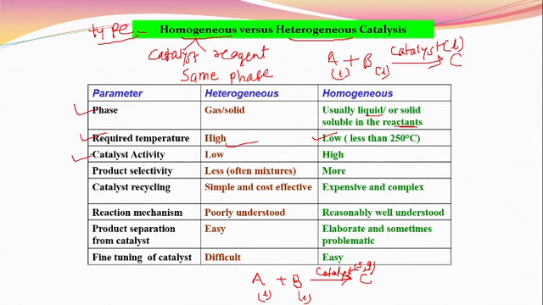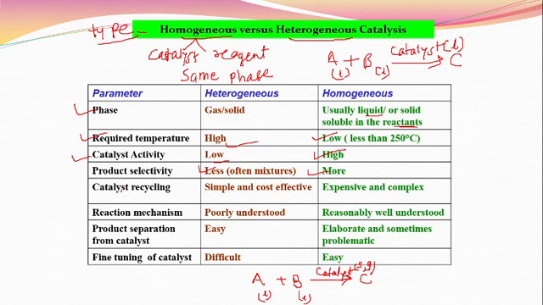The catalytic activity in heterogeneous catalysts is very low, because the reactant and the catalyst are not in the same phase, so their activity decreases. But in the homogeneous case, they have high catalytic activity. Next, product selectivity. Here catalytic activity is low, so the product selectivity is also less. In the homogeneous case, the product selectivity is very high.